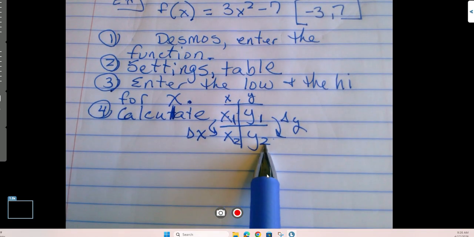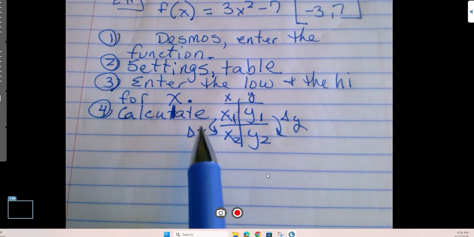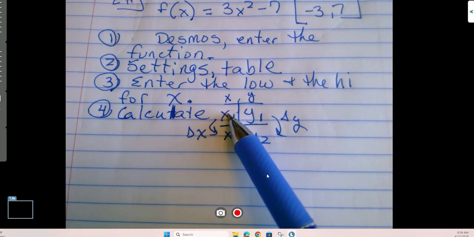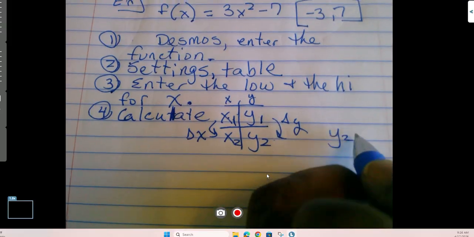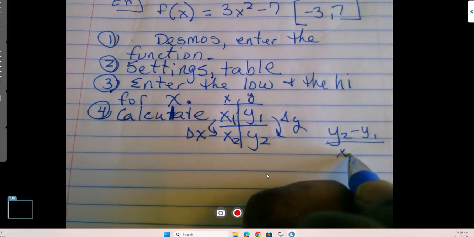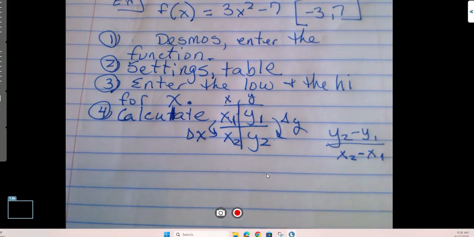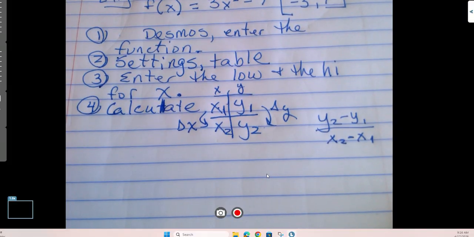You can say y2 minus y1 over x2 minus x1 as long as you keep it consistent. The formula is y2 minus y1 over x2 minus x1. That's still the change in y over the change in x.